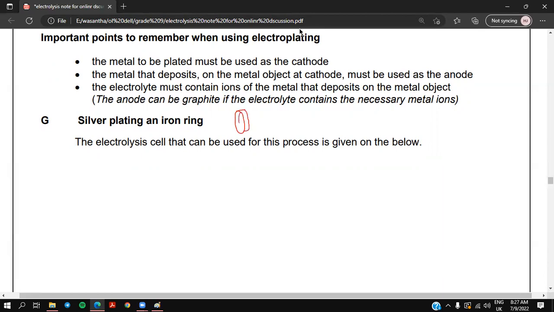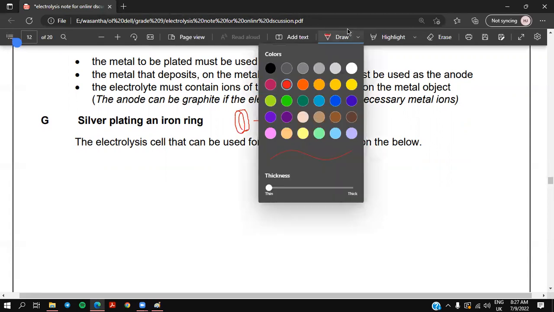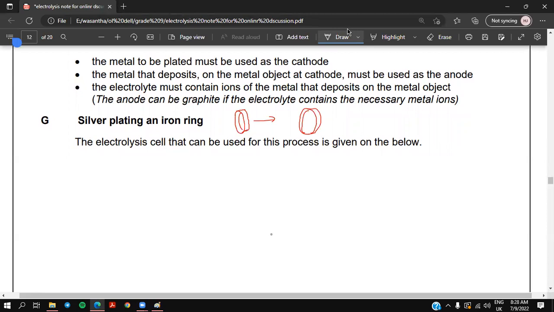We want to deposit a layer of silver on the iron ring. Little by little, you can see silver deposition happening during the electrolysis.